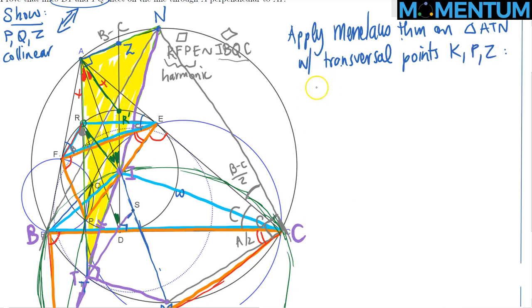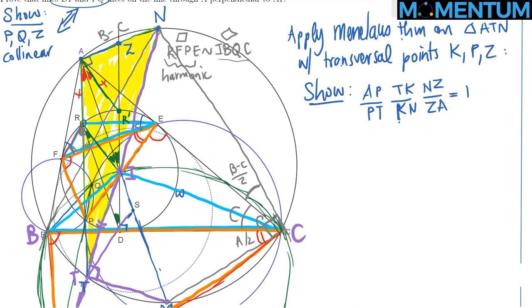So our goal is to simply show that AP to PT, times TK to KN, and finally NZ to ZA, that product is equal to 1. Okay, awesome, or minus 1. So this is just equal to 1. We will just do it step by step.